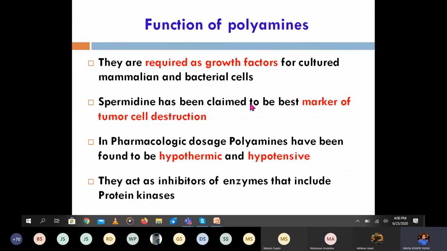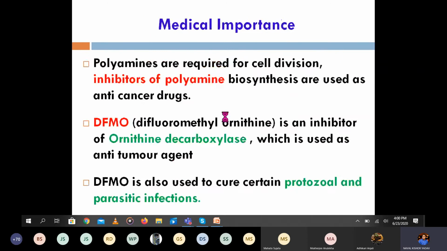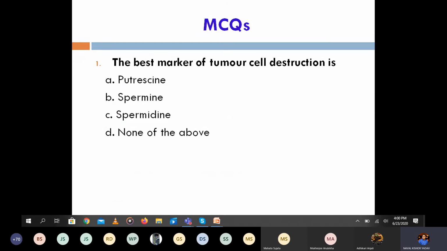So what is the medical importance of polyamines? Polyamines are required for cell division. So inhibitors of polyamine biosynthesis can be used as anti-cancer drugs. As in the functions, it is required for cell division and cell growth.